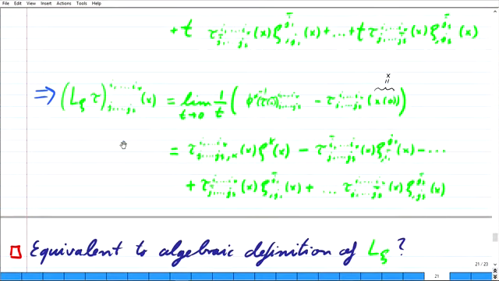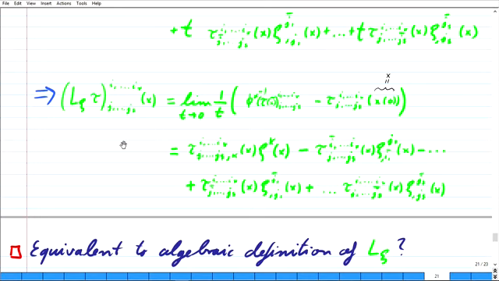Okay, so we see that the Lie derivative of a tensor given by a coefficient matrix in the usual basis is given by first ordinarily differentiating the coefficient functions of the tensor in the direction of the direction vector. And that's what you would expect for a scalar function, just the directional derivative as usual.